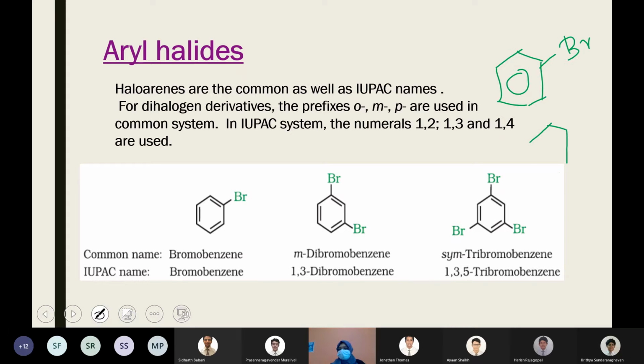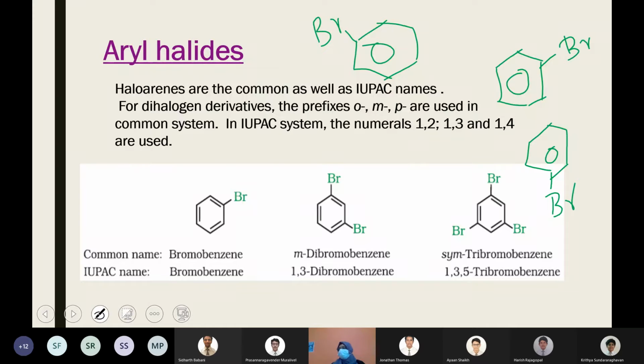So bromine is here, or if you draw the bromobenzene in this way, it's correct. Or if you draw it in this way, it is correct, because it's just one bromine atom attached to one of the carbons in the benzene ring. So generally, in the common naming system or the IUPAC naming system, if it's only one halogen, you don't have to specify the position because all the positions are equivalent.